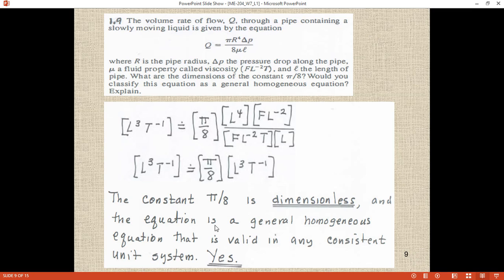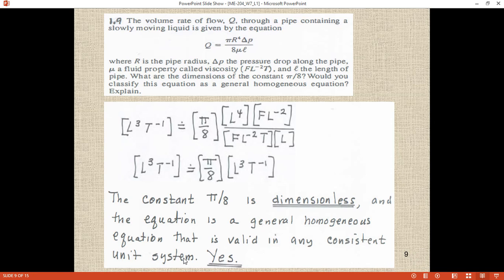When you simplify that, finally we end up with L cubed T minus 1 over L cubed T minus 1, so they cancel each other. So pi by 8 is a dimensionless number, and the equation is generally homogeneous. So this equation is true: Q could be equal to this equation. The equation is a general homogeneous equation that is valid in any consistent unit system.